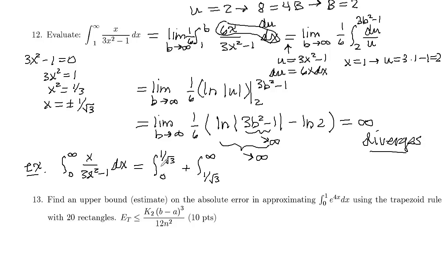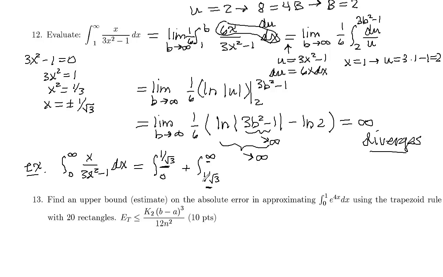Now this one is only improper at the upper limit, and this one, actually this one is improper at both ends. This is a 0 for the denominator and this is infinity. So you probably would want to evaluate this integral first. If it's infinite, then the whole thing will diverge, you're done. If you have to evaluate this one, you'd have to break it up farther.